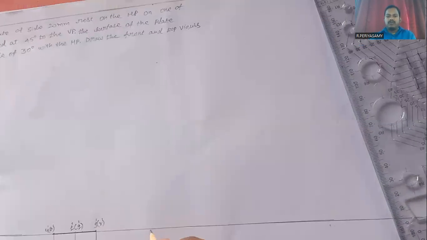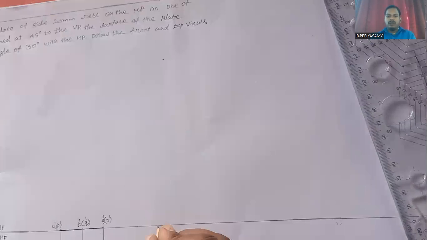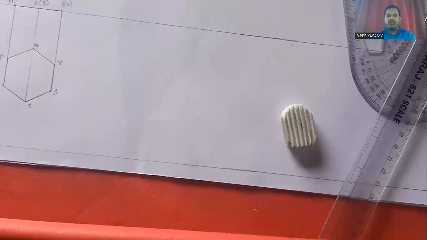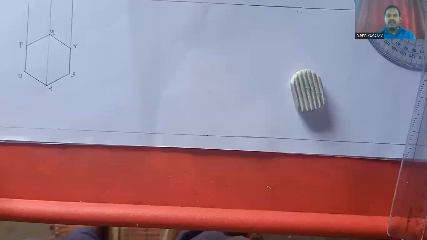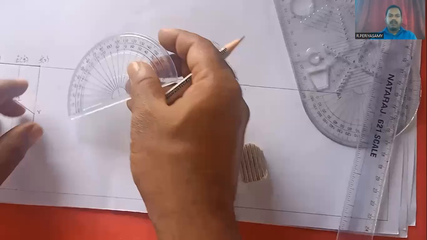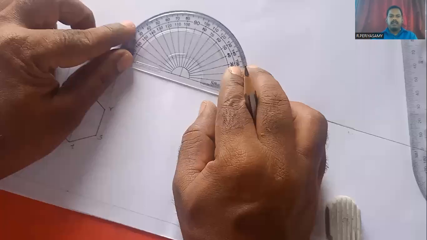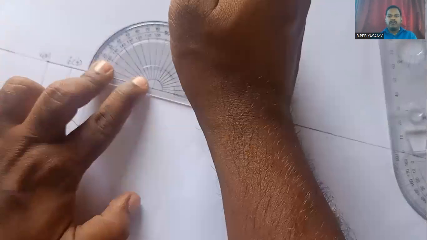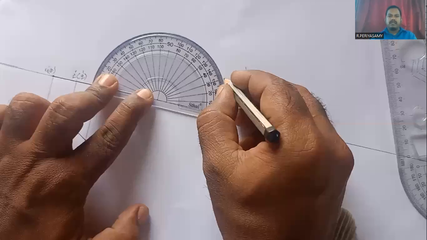So now we have to draw. We mark one point. Then we use a protractor. We keep the protractor on the reference axis and fix the point on the center of the protractor, and then we mark 30 degrees. The plane is inclined to HP at 30 degrees.